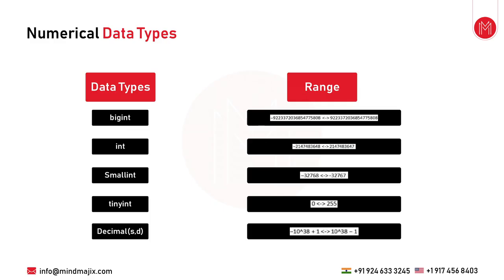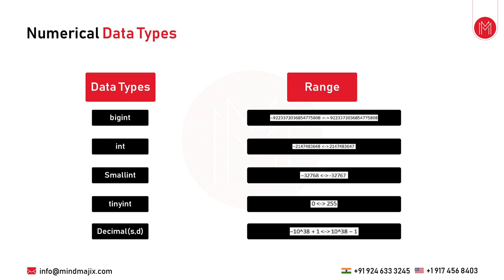Now, what if this range is exceeded for any data type? Then SQL Server will throw an error as arithmetic overflow, meaning that the value this data type is containing is more than what it has been made for.